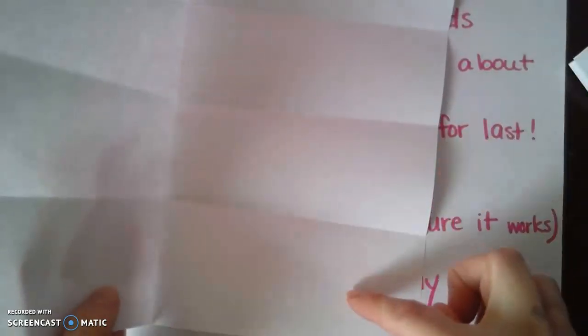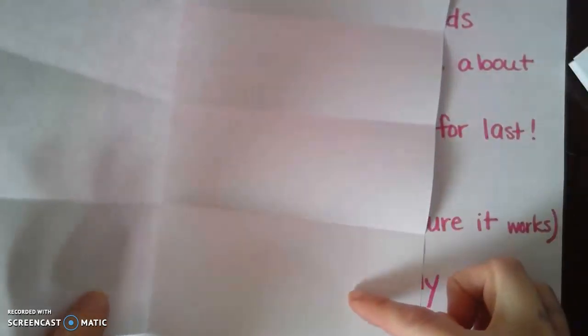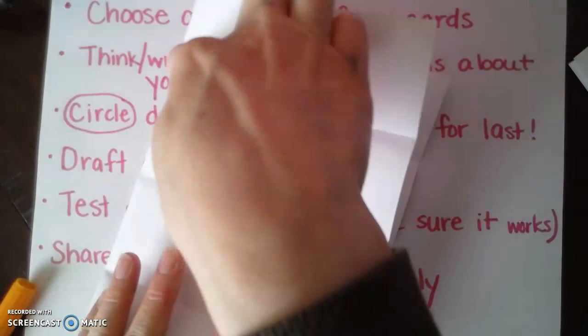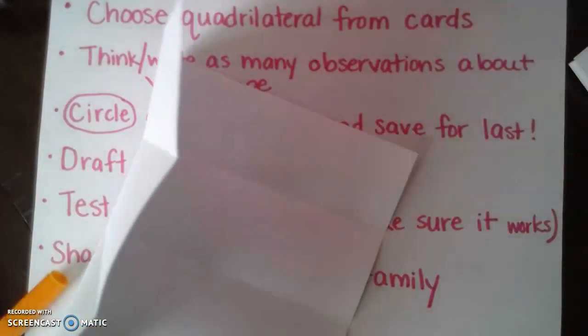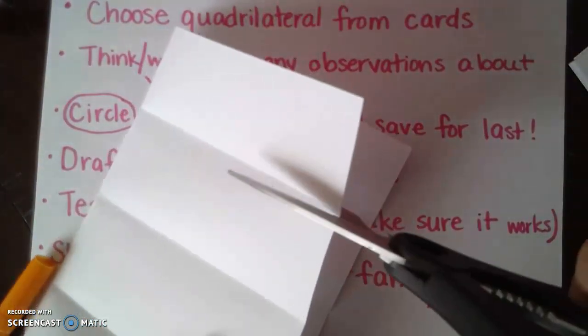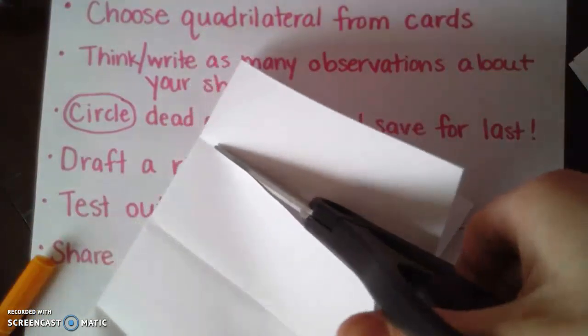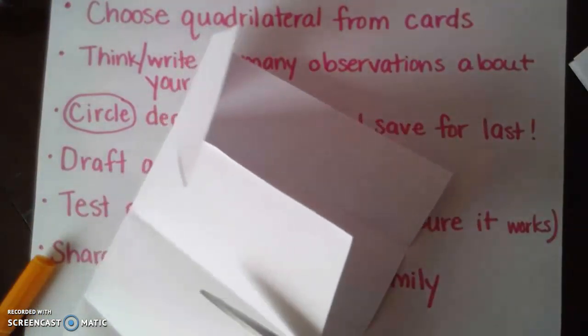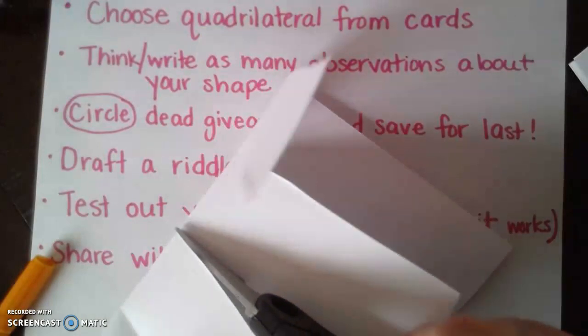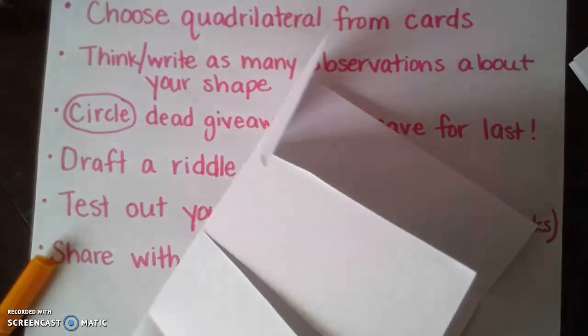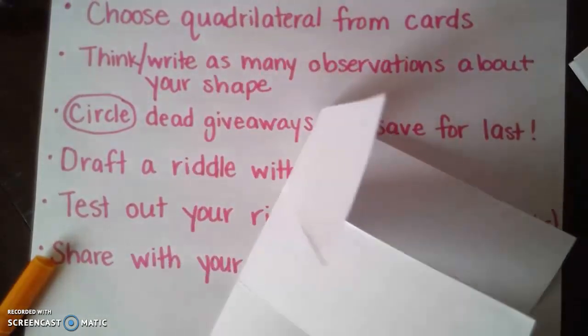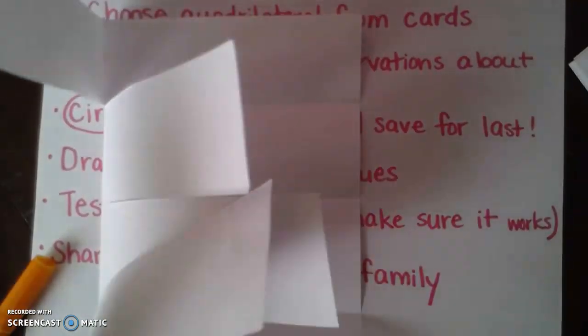You're going to write each of your riddles on one of your sections. Okay? And then you cut on just that top. Okay? So you just cut right here. On just the top page. Okay, so now it's like a riddle book.